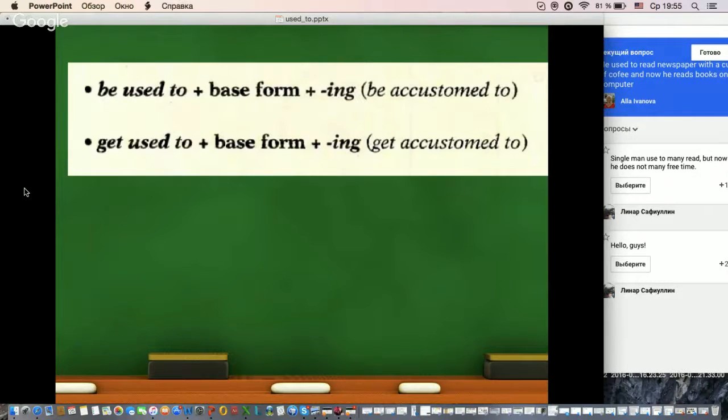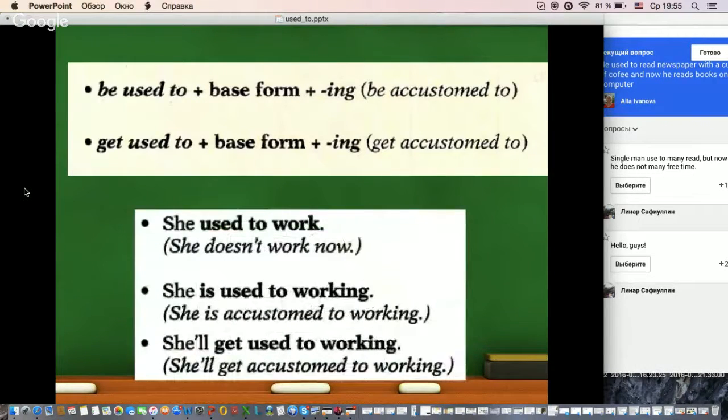Если мы говорим get used to, то мы подразумеваем, что мы привыкли к чему-то. К примеру, she used to work, so she doesn't work now. То есть раньше она работала, но больше она не работает. Or she is used to working, so she is accustomed to working. Работа ей привычна. Или же she'll get used to working, or she'll get accustomed to working. То есть она привыкнет к своей работе.